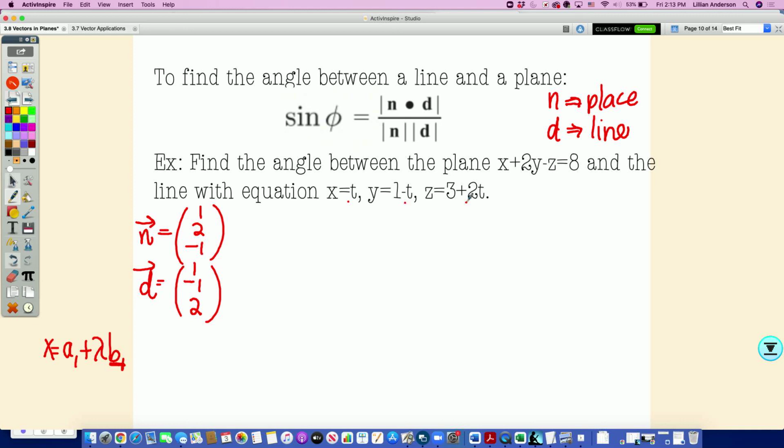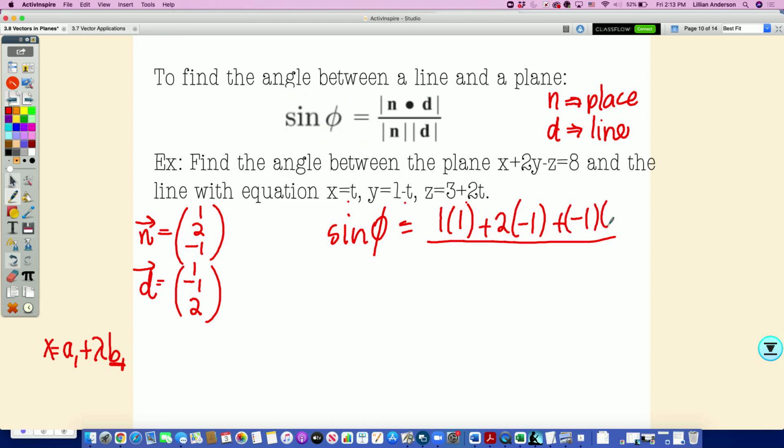So we need to do the dot product and take the absolute value of N and D if necessary. So old school dot product. That's going to be 1 times 1 plus 2 times -1 plus -1 times 2. We're going to take the absolute value of that, if necessary, it might be a positive number.